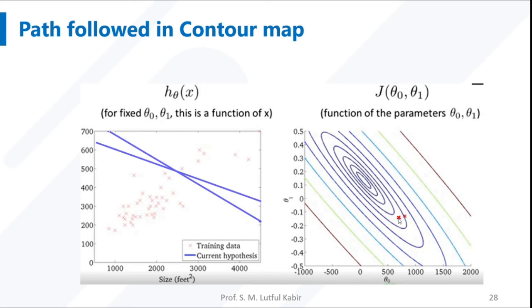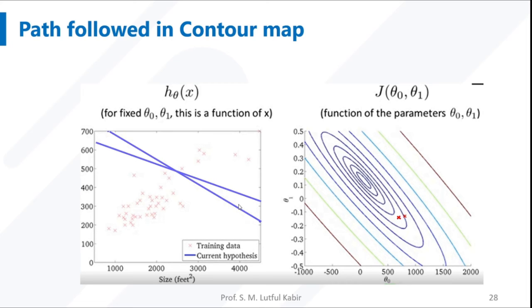The point now in the contour line is different from the previous one, and you can remember the minimum point is the center of the ellipse. So this is the minimum point, and the movement of the contour point as we progress with different hypotheses, that means different theta 0 and theta 1, is moving towards that point.